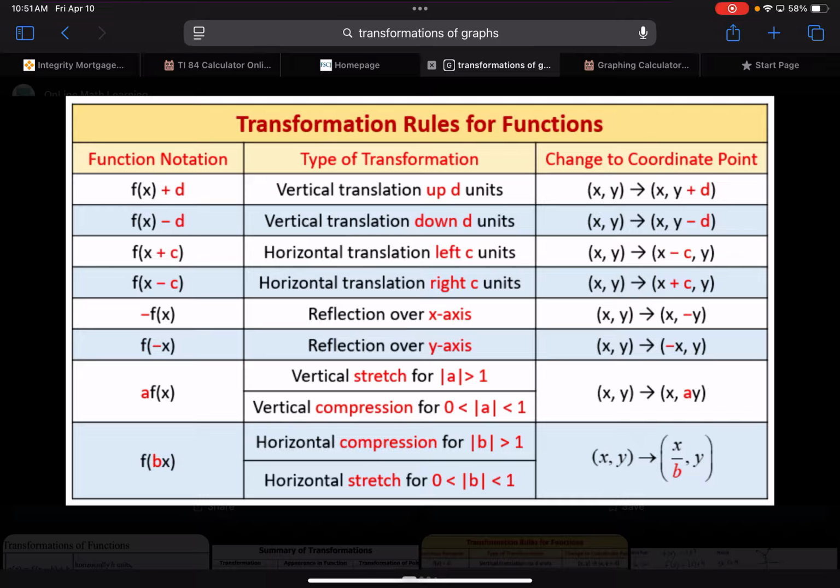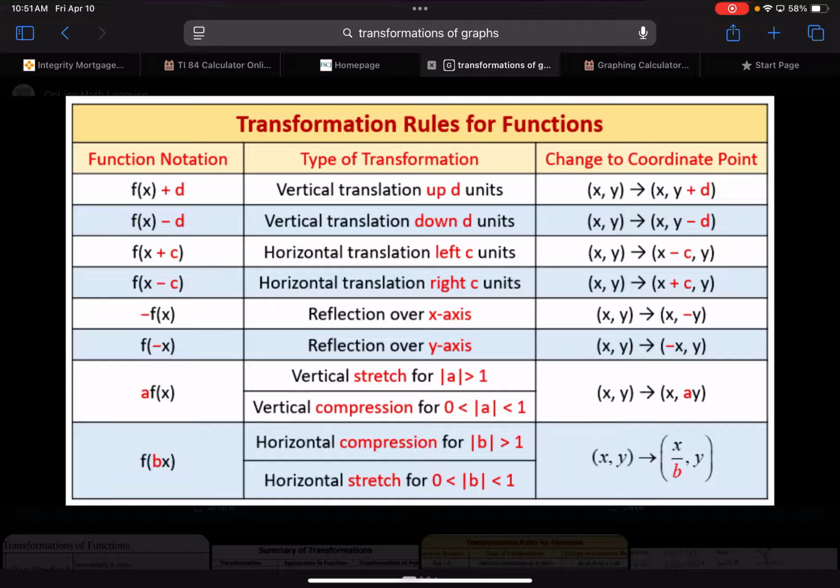All right, I'm just going to go over how to read this card. Again, we've already learned these, but I'm going to go over it. So the first one says f of x plus d. The f of x is our base function. In what we're doing right now, that would just be b to the x power, my base.